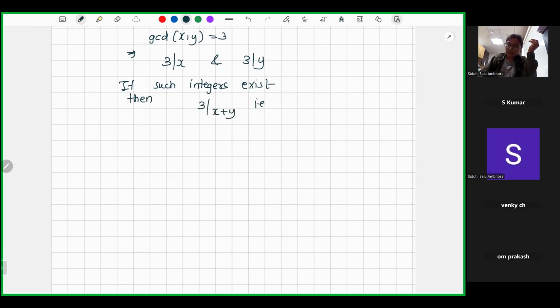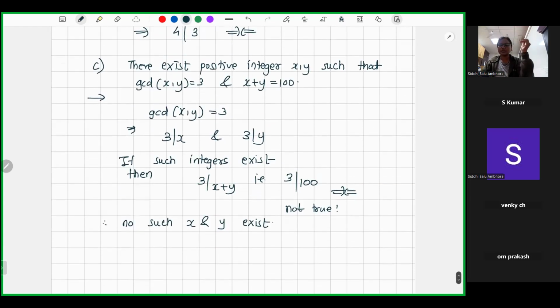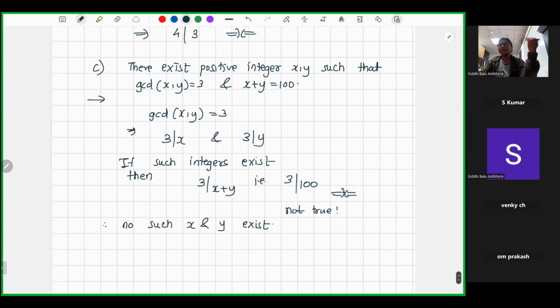That is, 3 will divide 100, which is not true. So therefore no such x and y exist. Okay, I hope this is clear. This is directly a GCD of elements, and we got that this is not true.